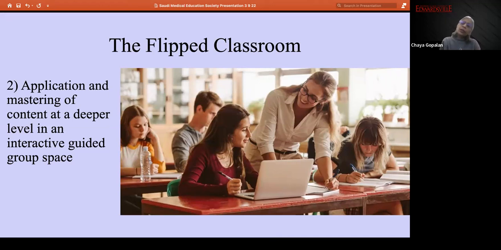The instructor has also planned a group activity that would enhance their learning, where the peers help one another, peers teach one another. So this is the second component, that is the in-class activity, and that would solidify all of their understanding of the content.